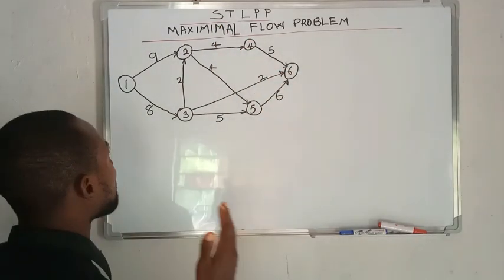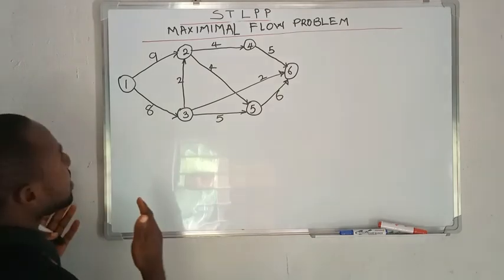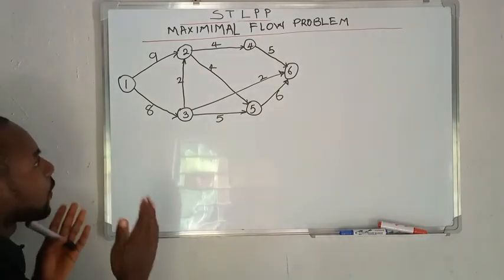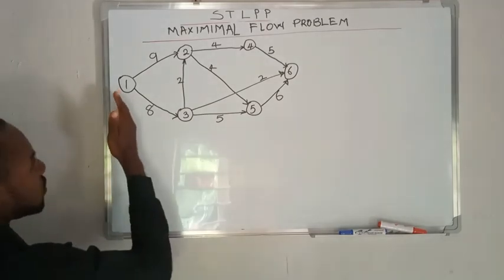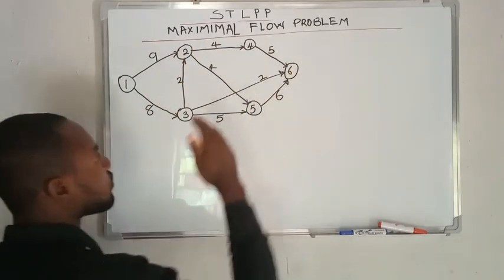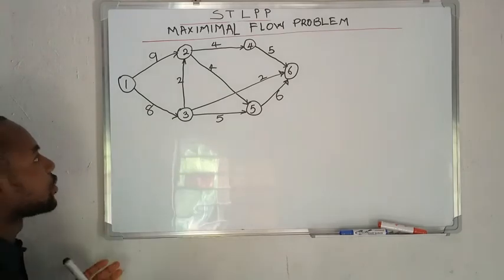And the maximal flow problem is, what is the maximum amount of flow that will pass through this network so that we go from the source node down to the sink node without having any issues.